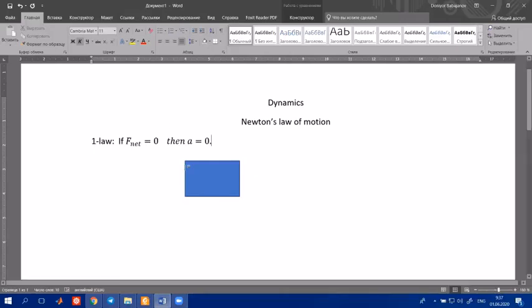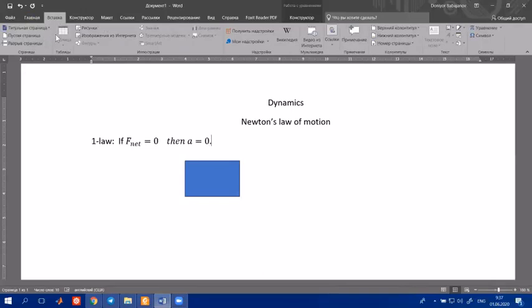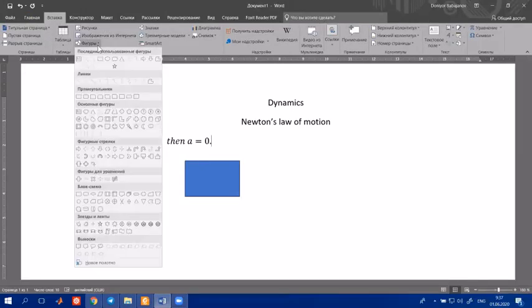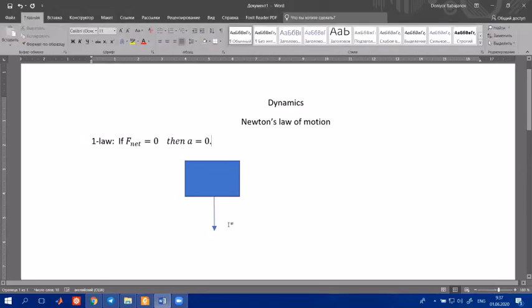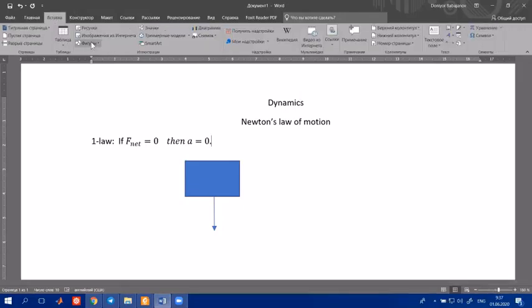That means if no force is acting on the body, or the forces are compensated, for example, we have the weight force acting down, this is mg, and we have the reaction force of the surface.